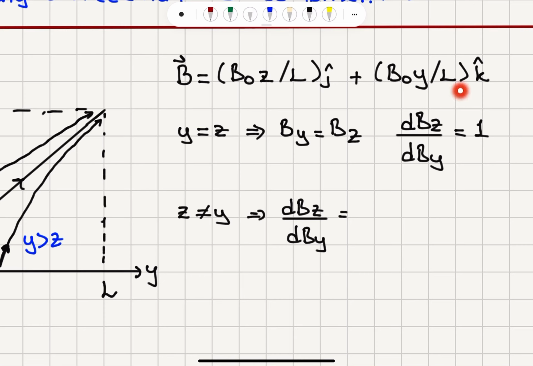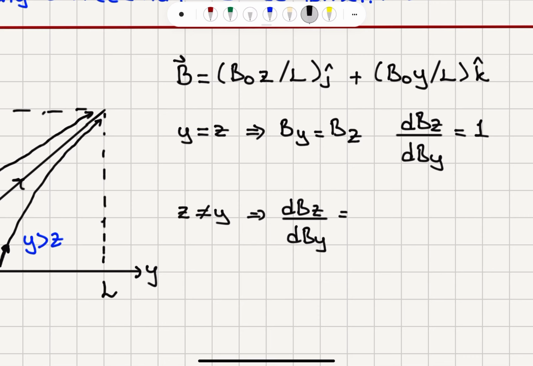The z component is B0 y over L, so dBz is B0 over L dy, and dBy is B0 over L dz.